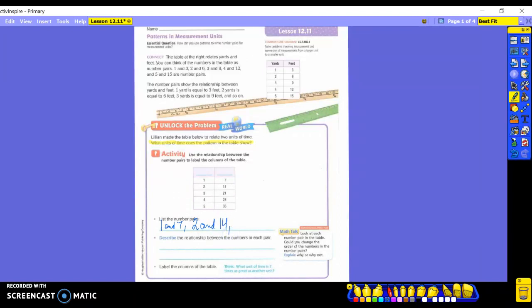So just exactly what we said. 3 and 21. 4 and 28. And we keep going. 5 and 35. If you need to go down to the next line, you can do that also. And write them in, please.